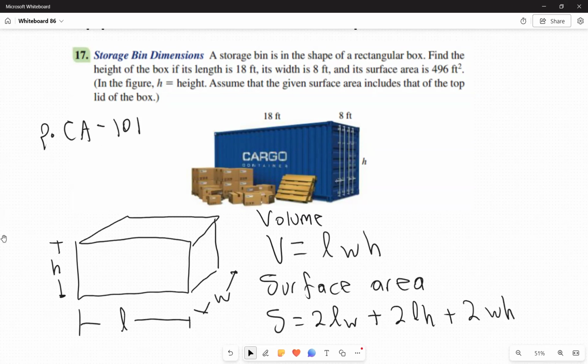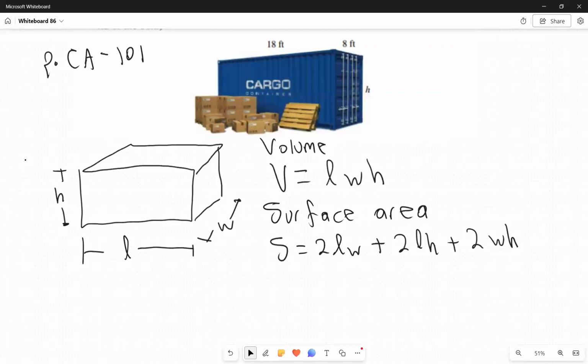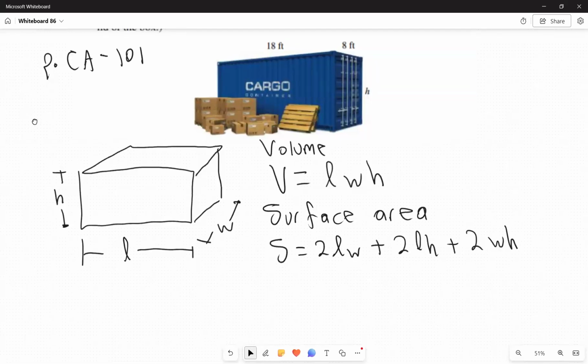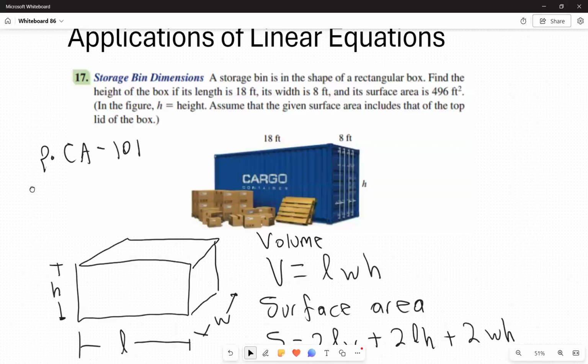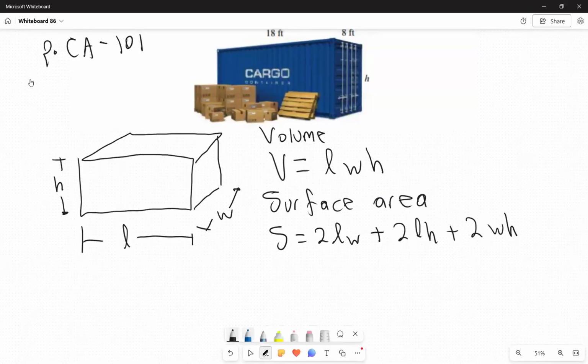Okay, we know that the surface area is 496 square feet, and we know that L is 18 and width is 8. So this is 18 and this is 8 feet.